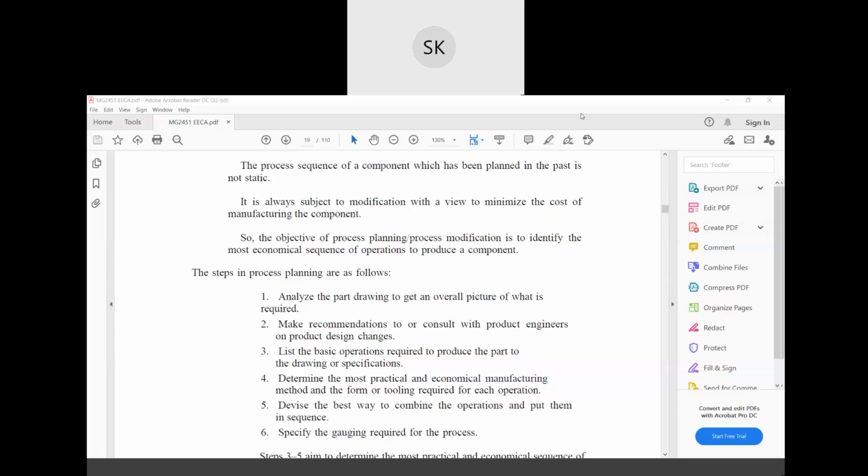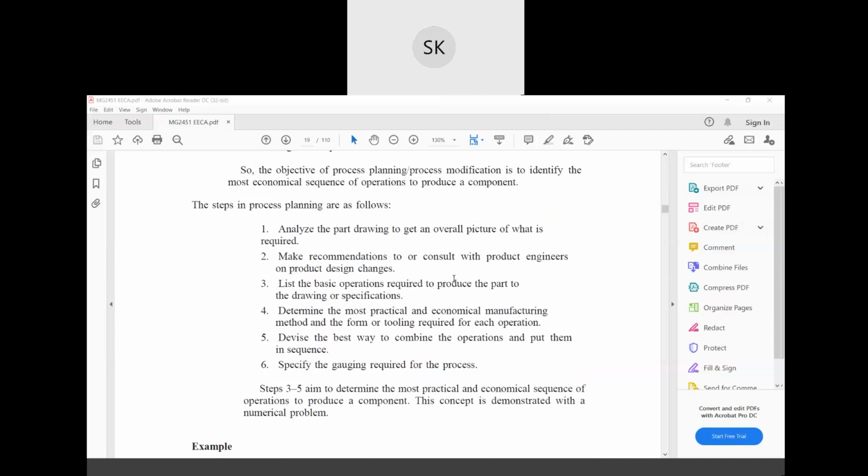Determine the most practical and economical manufacturing method and form or tool required for that operation. Devise the best way to combine the operations and put them in sequence. Specify the gauging required for the process. So these are some steps you can follow.